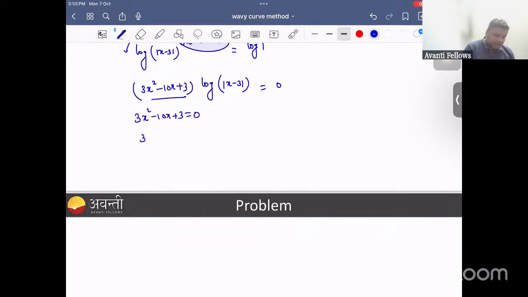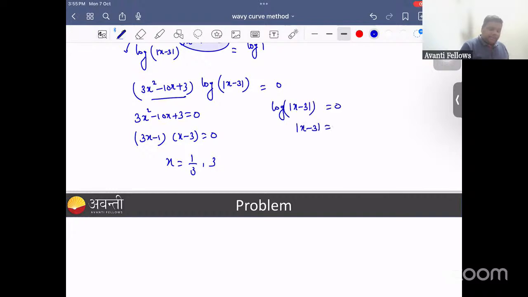Its factors will be (3x minus 1)(x minus 3) equals 0. So values of x are 1 by 3 and 3. Or this log of mod (x minus 3) is 0, means mod (x minus 3) is 1. So x minus 3 is plus minus 1. So x is 2 or 4.